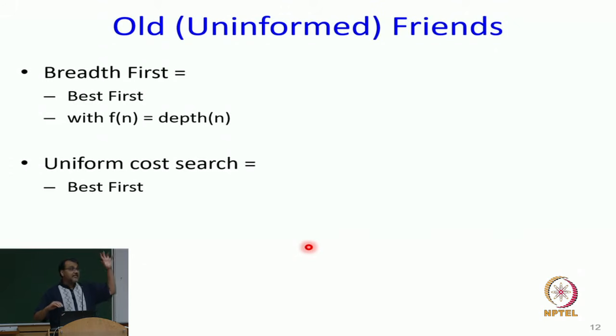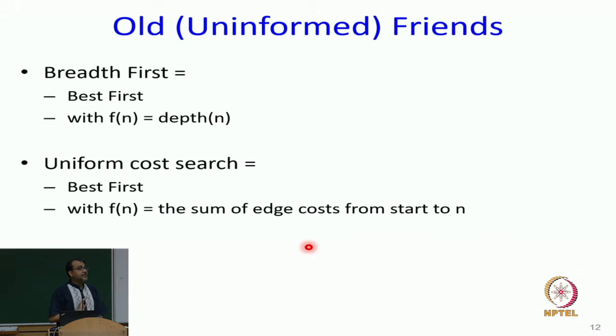So, let us say I have start state S, I have the goal state G, and I have a node N. The node N that we pick is the node which has the lowest cost from start to N. Okay. So, uniform cost search says find that node which has the best or lowest sum of the edge costs from start to me, start to this node.